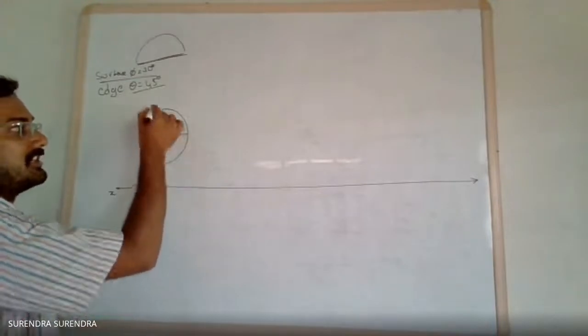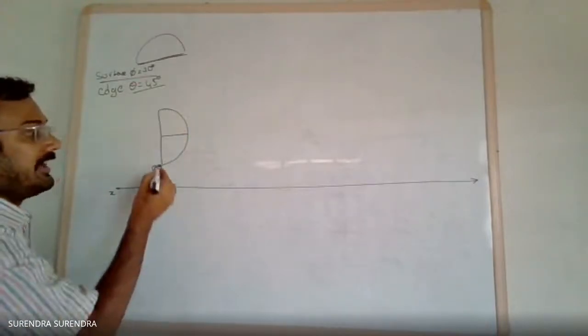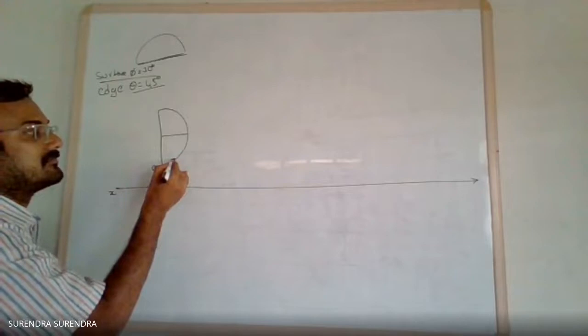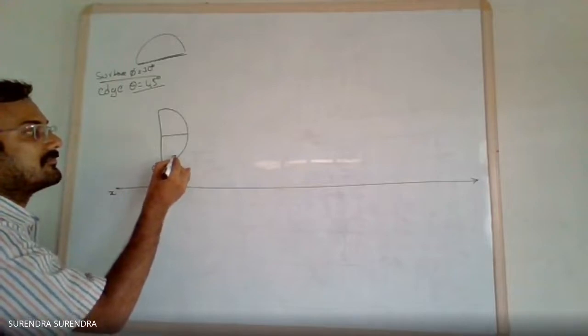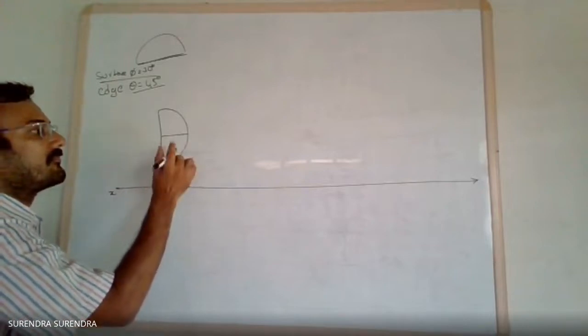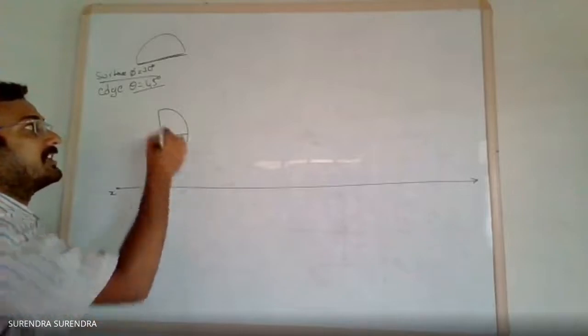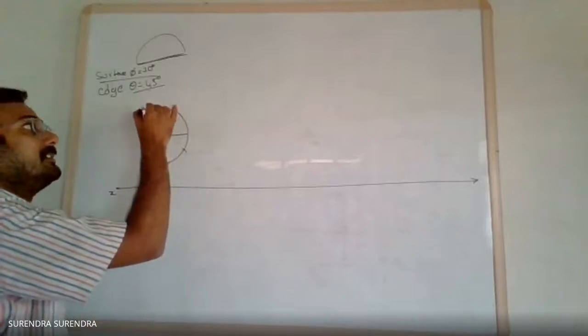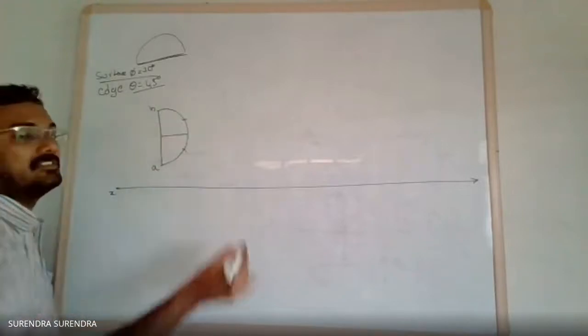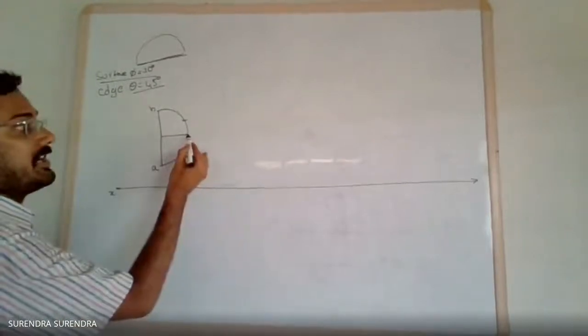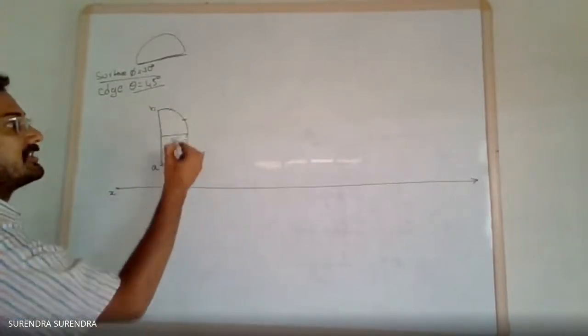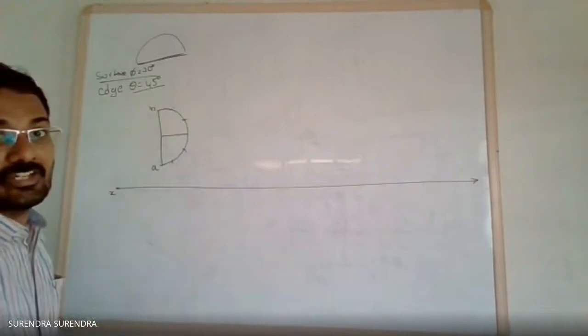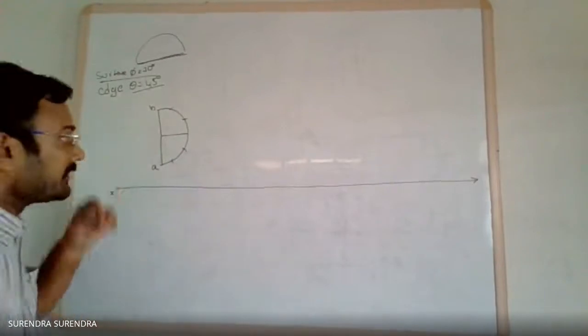With A as center and radius R, and B as center and radius R, draw two arcs, and similarly from the diameter end point on both sides. So we'll get a total of 6 divisions.